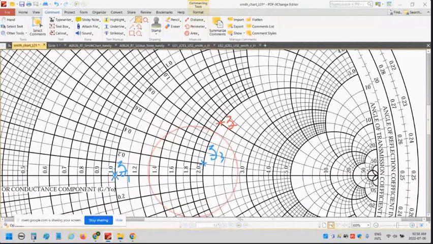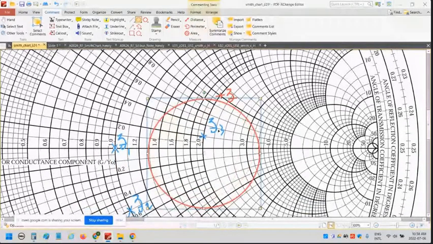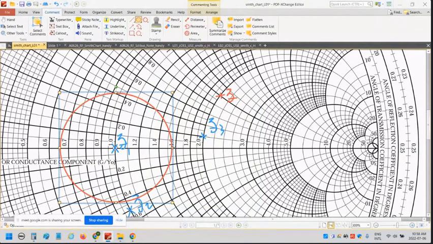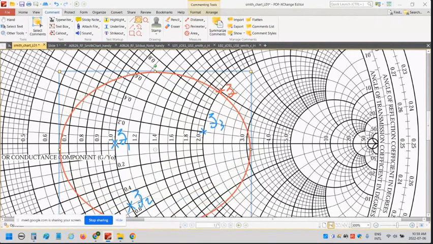This one is the center, so you draw a circle. I cannot do it well, but I try my best to draw a circle.